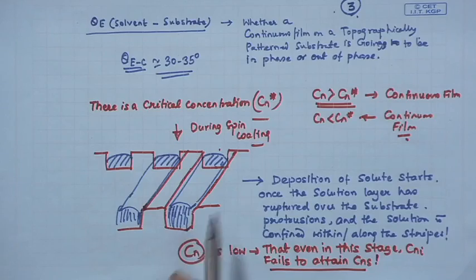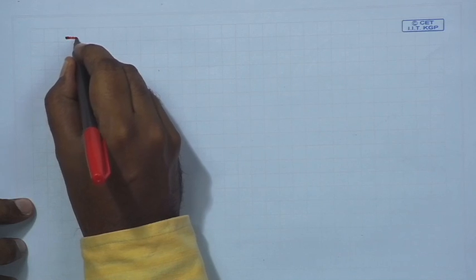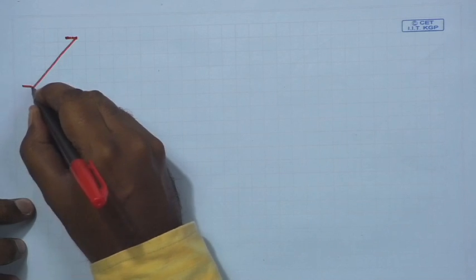The problem is these are long polymer threads, and therefore they are also subject to Rayleigh instability, and that is precisely what happens if the solution concentration is so low that even after the first rupture of the film over the substrate protrusions, deposition does not start covering the entire substrate groove. Then these solution threads rupture within the substrate grooves. Let me see if I can draw one.